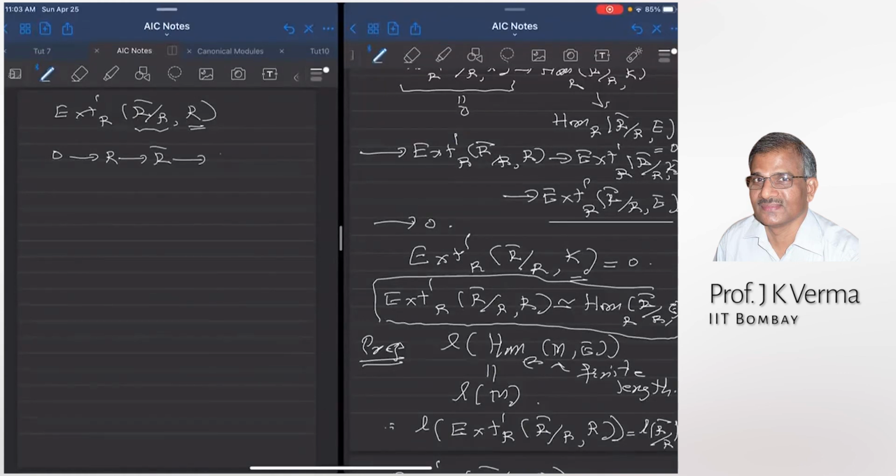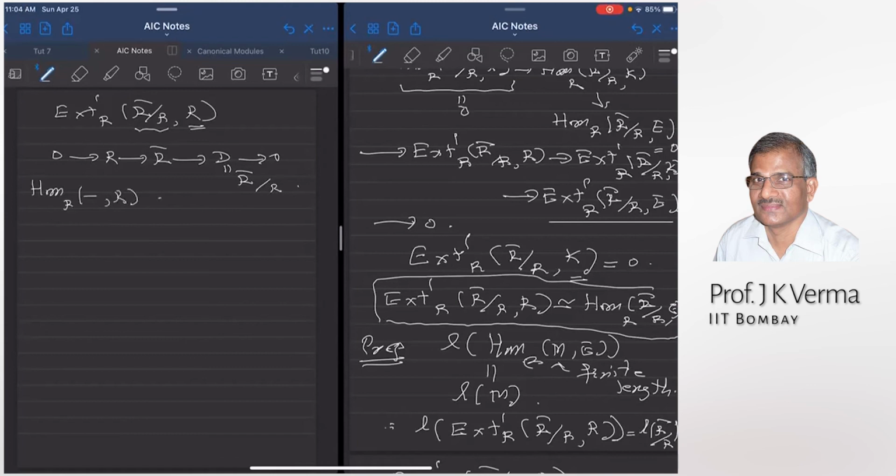So take R to R bar, and then R bar over R. Let us call this D, D equal to R bar over R. Okay, I have this exact sequence, so this will give rise to a long exact sequence of the Ext modules. Apply Hom(-, R).